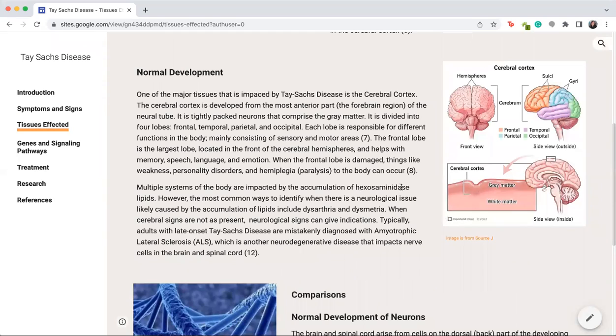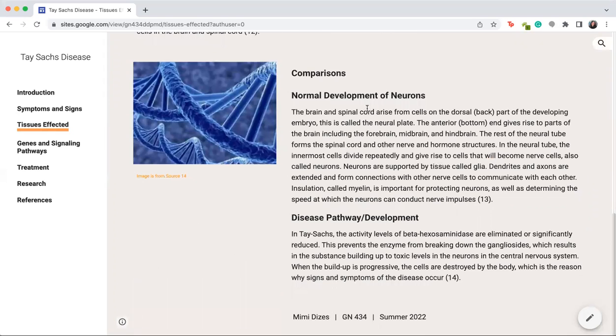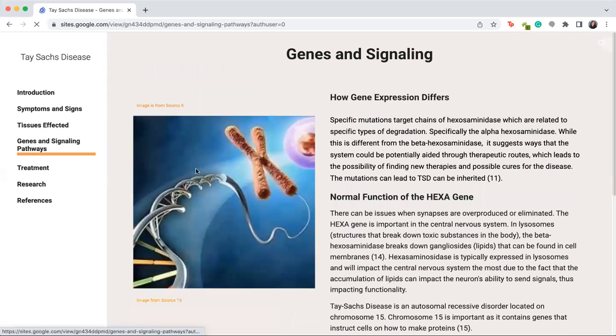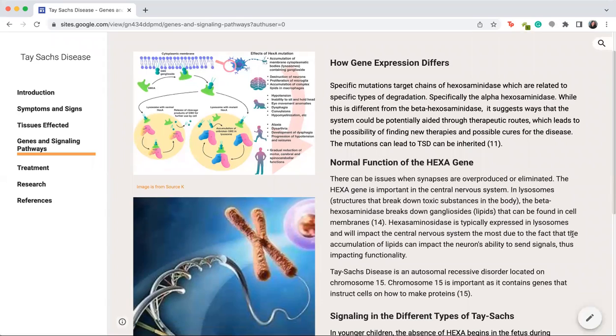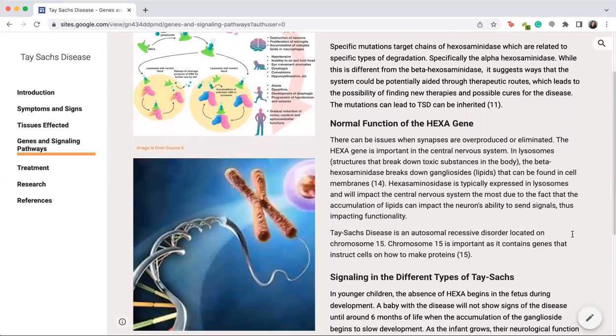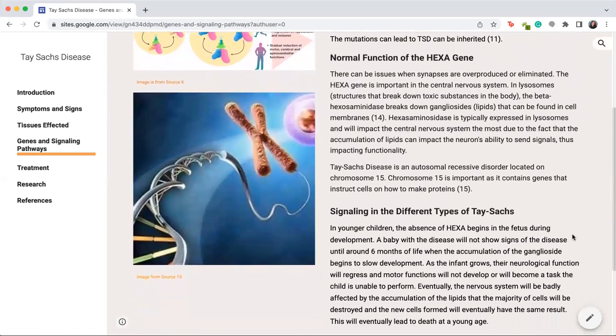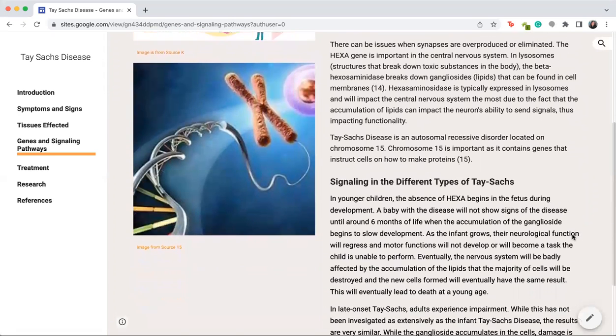I chose to focus on the cerebral cortex and neurons, as most of the signs and symptoms that present are due to issues and loss of normal function of the cerebral cortex. Then I compare the normal development of neurons with the disease pathway, the genes and signaling, talking about how HEXA can lead to degradation of neuron cells, like we talked about before.